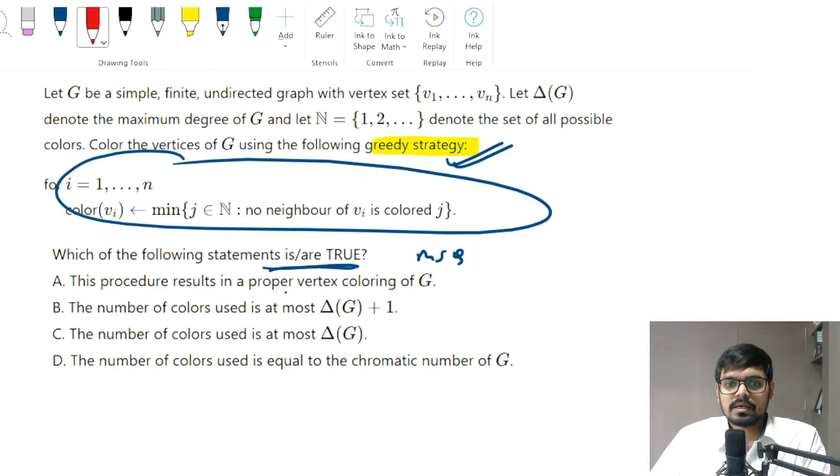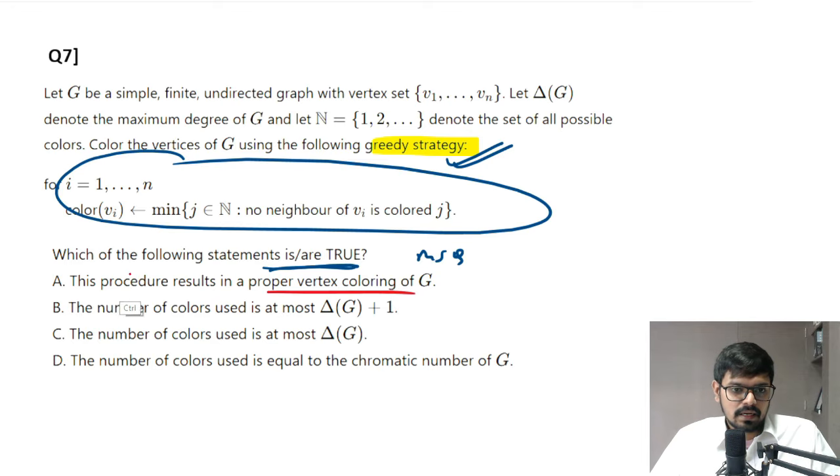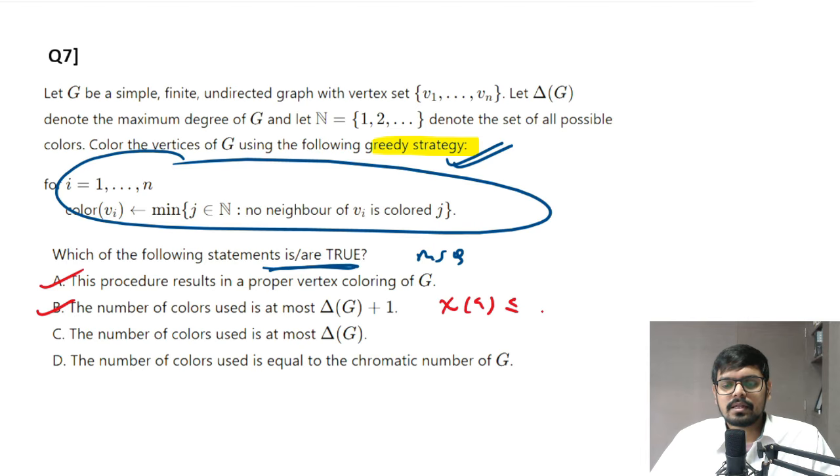This process results in a proper vertex coloring, definitely, since the greedy algorithm is an algorithm for vertex coloring, so it gives a proper vertex coloring, no issue. The number of colors used is at most delta plus 1. Yes, since the chromatic number is at most delta plus 1.